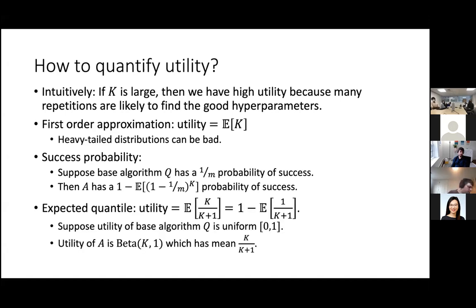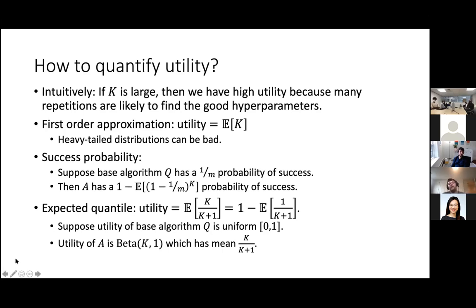So actually the thing that we decided was the cleanest representation of utility is what we call the expected quantile. You can think of the distribution of a single draw of the algorithm Q as having a quantile that's uniform between 0 and 1. By definition, the quantile is what you get when you apply the CDF.